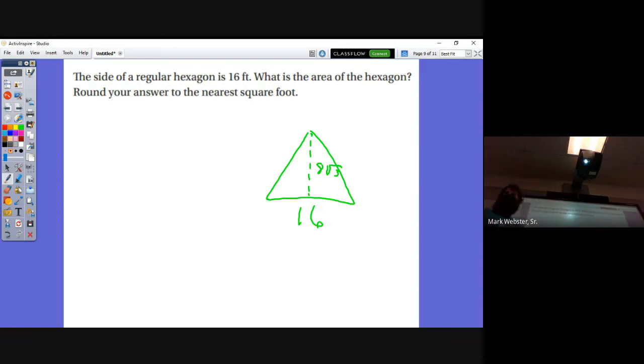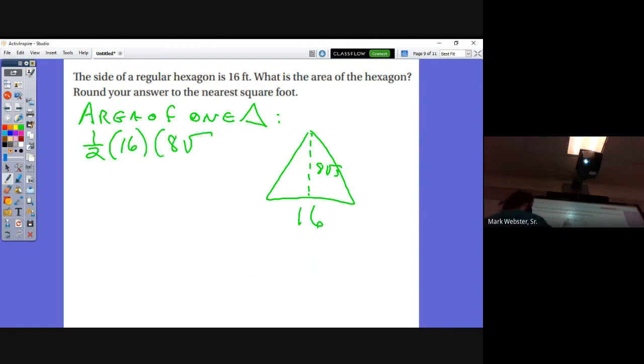Well, now we've got our area, right? Just 1/2 base times height. The area of one triangle. Half of 16 is 8. 8 times 8 is 64. So for one triangle, we get 64 radical 3.